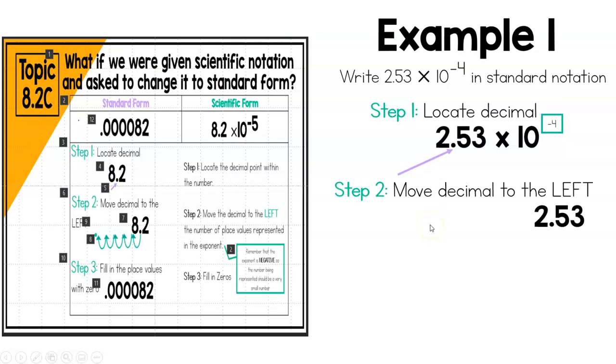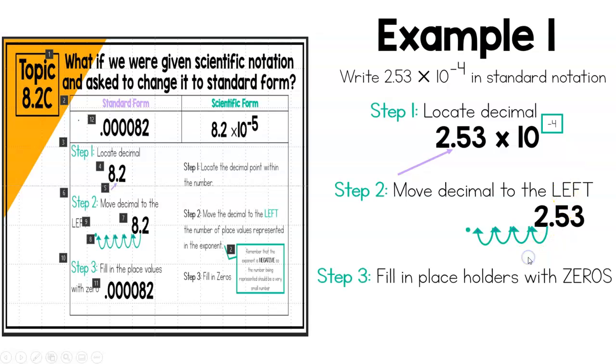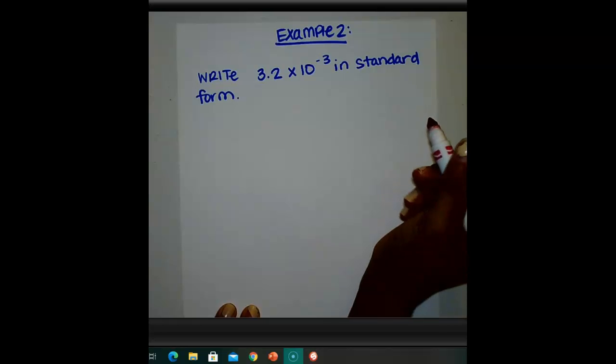And we're going to move it to the left again because our exponent is negative. 4 spaces because our exponent is 4, and we're moving left because it's negative. So we end up there. And then we're going to just fill in our placeholders with zeros. So the number that we get is 0.000253.